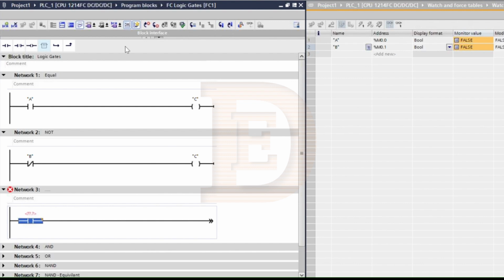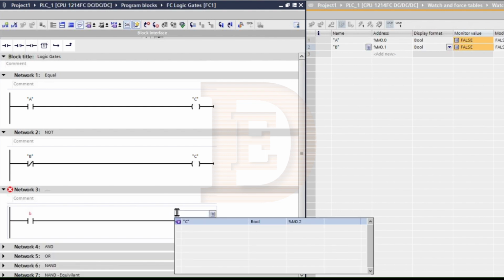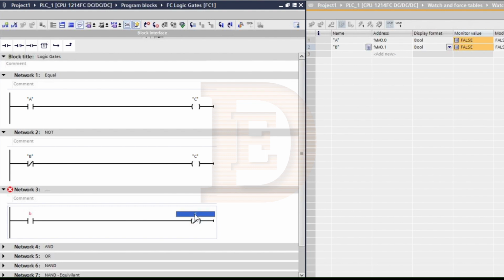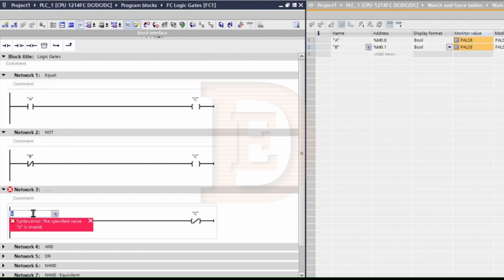In this line here, we're saying C equals B not. What we can say instead, and it will give us the same result, is that C not equals B.